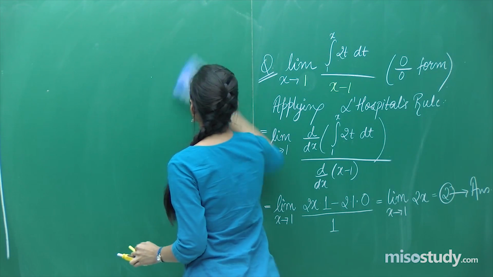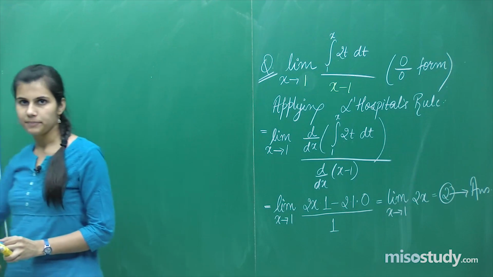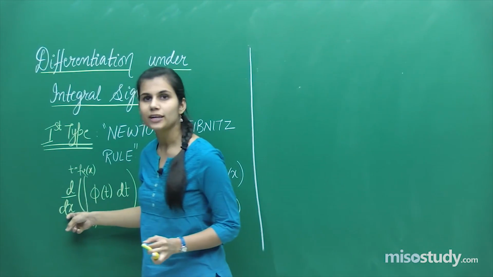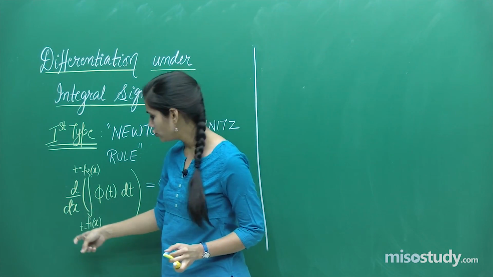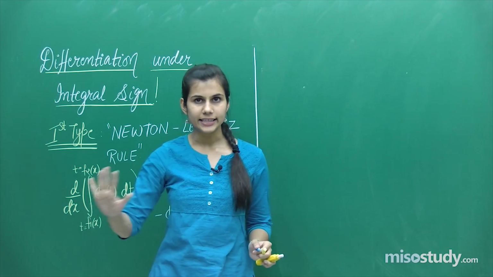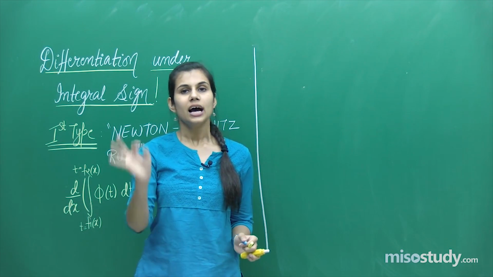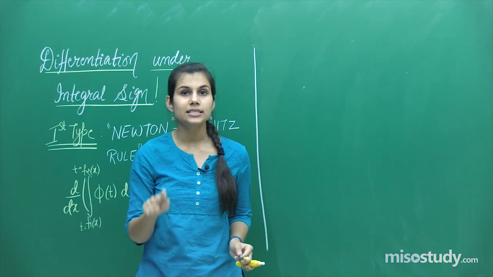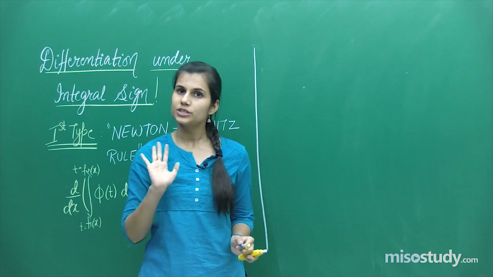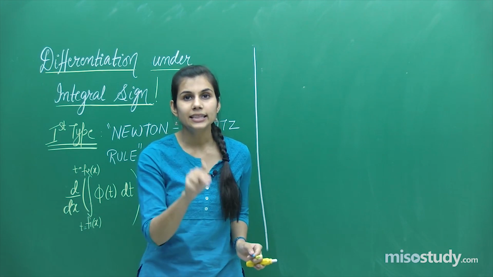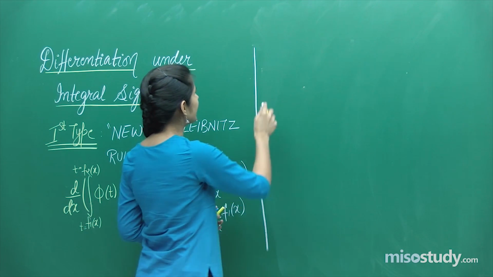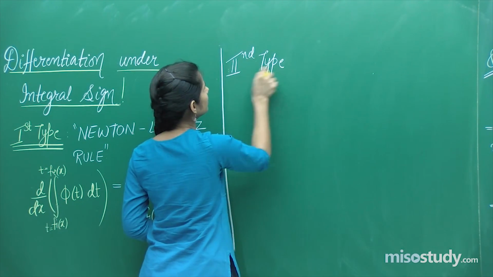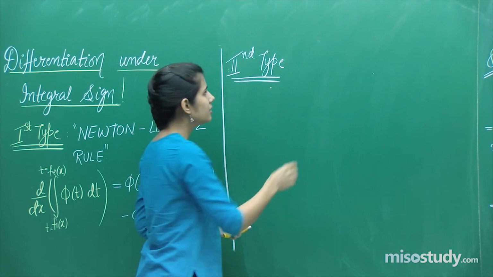If I talk about the second type now, so first type was what? I was differentiating with respect to x and that x was sitting just in the limits, not in the integrand. The second type says I am interested in differentiating with respect to x, but this time x is not sitting in the limits, limits are just constants, but x is sitting in the integrand. So, second type is what?